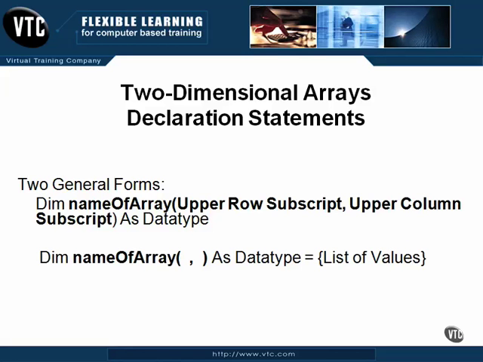The compiler will determine the number of elements from the initial values that you supply. So by specifying the name of the array and then leaving the parentheses open without a specific subscript, you're allowing Visual Basic to determine the size necessary. Again, you need to specify the data type, as with all cases.